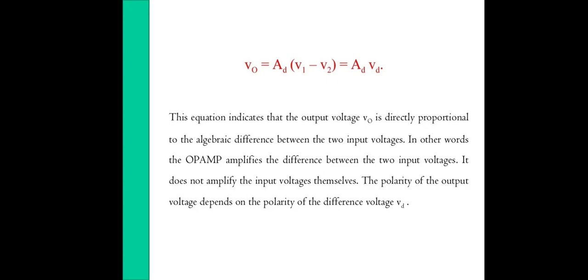The equation indicates the output voltage is directly proportional to the algebraic difference between the two input voltages. In other words, the op amp amplifies the difference between the two input voltages. It does not amplify the input voltages themselves. The polarity of the output voltage depends upon the polarity of the difference voltage.